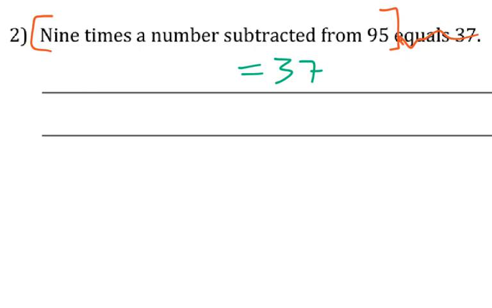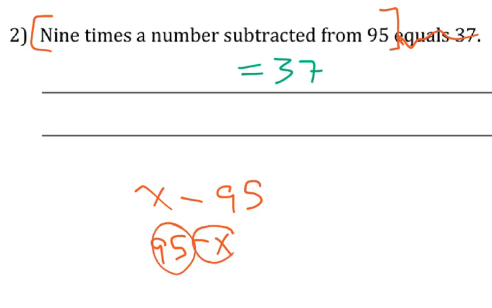So 9 times a number subtracted from 95. Well, I know that I have to do the subtraction part. So what does it mean to be subtracted from 95? Well, that's either x minus 95 or 95 minus x. And if I'm subtracting from 95, that means I begin with 95 and take away.